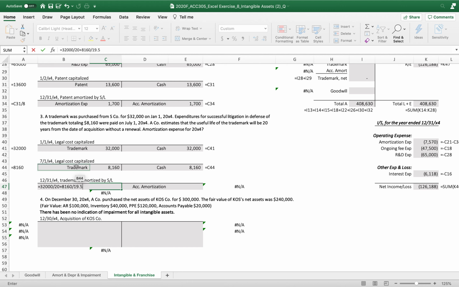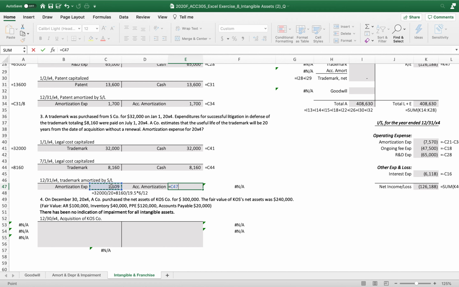Why? Because the time the legal cost was capitalized was July 1st. So the useful life of this legal cost is not 20 years, it is 19 and a half years. And then the time until December 31, year 4 is 6 months out of 12 months. So $1,809 is the amortization expense for the trademark.